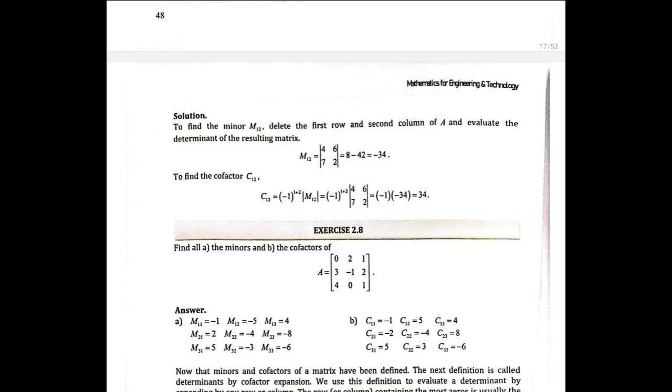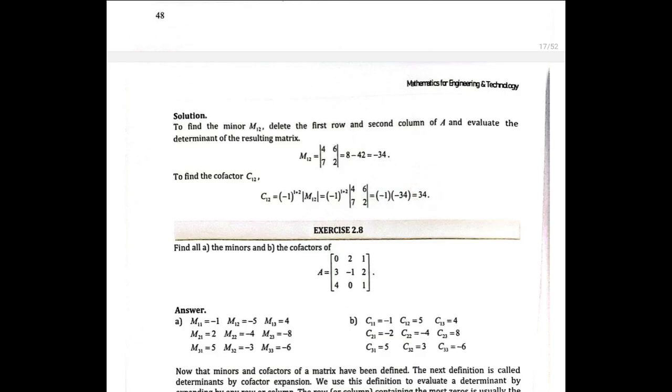So if you input it in the formula, it is negative 1 to the power of 1 plus 2, right, from this, times the value of M12. We know already that M12 is negative 34. So we just need to multiply it by negative 1 to the power of 3. Negative 1 to the power of 3 will give us negative 1. So negative 1 times negative 34 will give us 34.